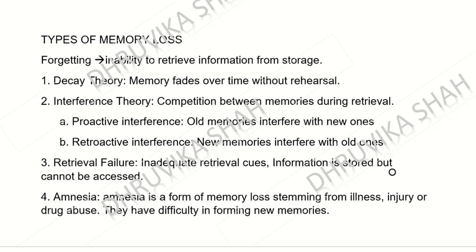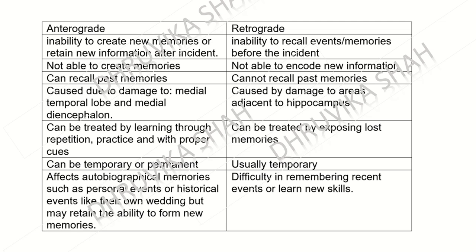So there are two types of amnesia. One is anterograde amnesia and the other is retrograde amnesia. Now for retrograde amnesia, you can remember that retro means before, like the past movies, we call them retro movies.